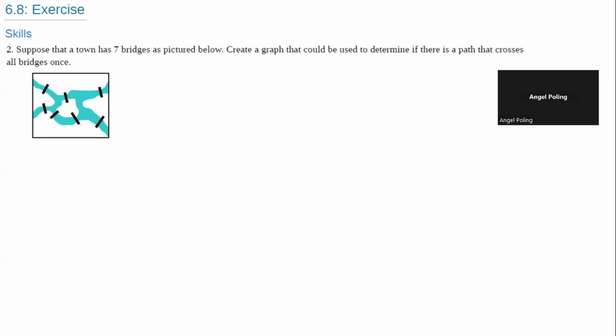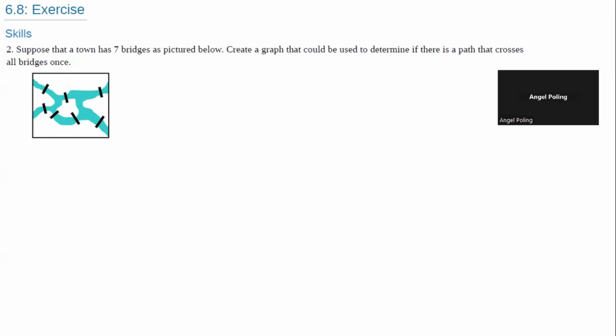All right, so they just want us to draw the vertices and the edges.